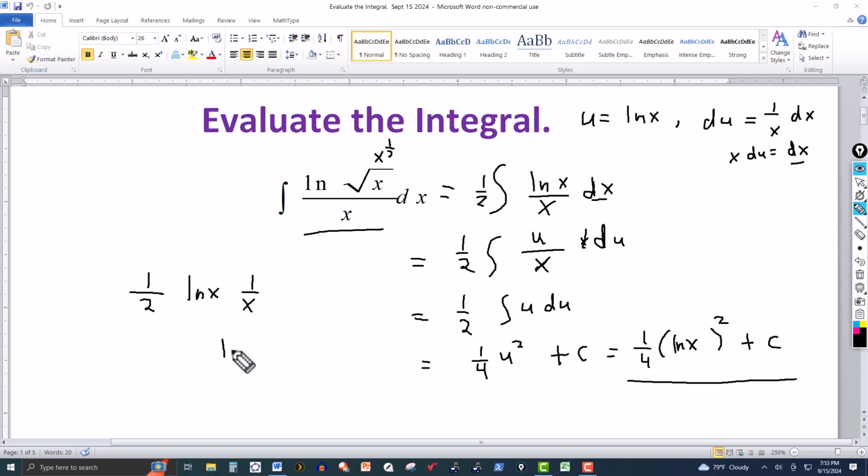So this would give me ln of x to the 1/2, and x to the 1/2 is the same thing as the square root of x. And then I have the x in the denominator, and that gives me the original integrand. So either way, you can double check it, but this is your answer.